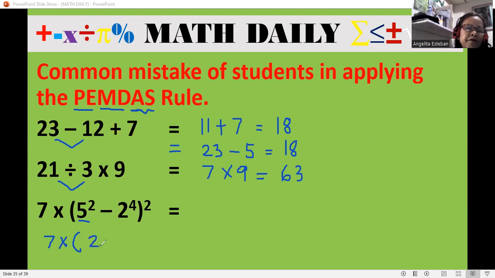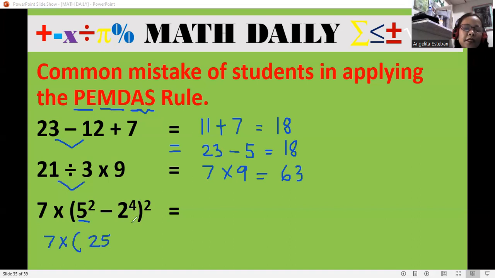Again, 5 times 5, it's equivalent to 25. That's the meaning of 5 raised to the second power. Do not make it 10, because 5 raised to 2 is 5 times 5. Multiply the base by itself twice.